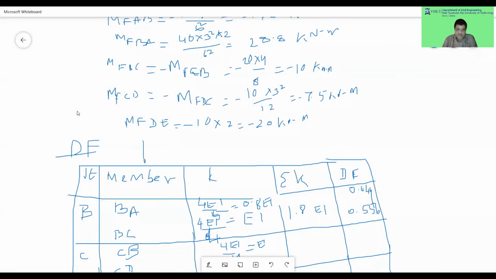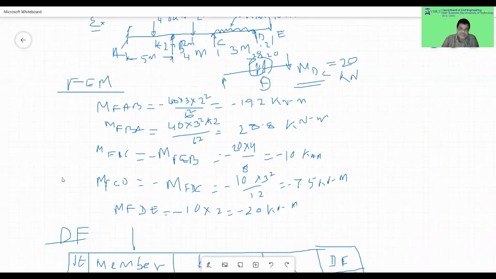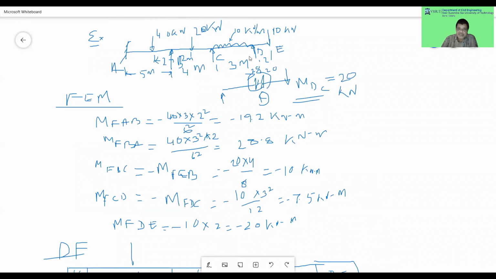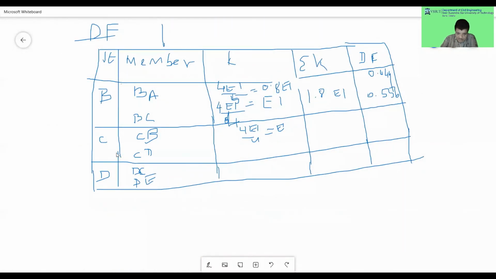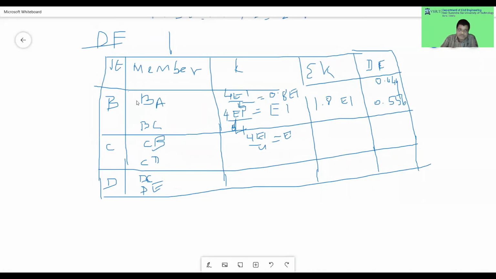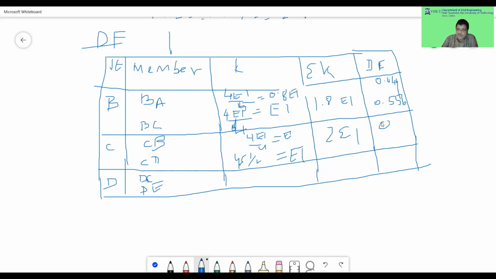CD is 3 meter, and D is a supported overhanging part. So this is again EI, so it will be 0.2 EI, and the factors will be 0.5 and 0.5.